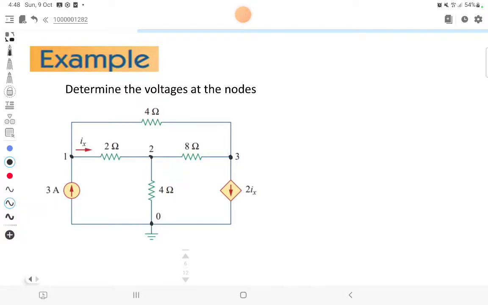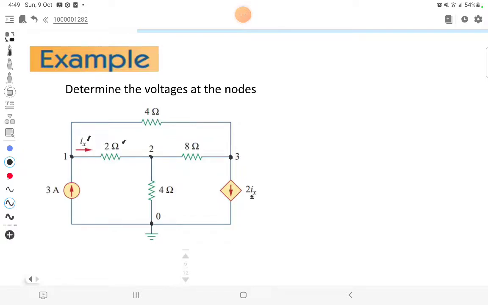The current Ix is controlled by the current entering our 2 ohm resistor, which is also identified as Ix. Now, after clearly discerning our analysis of this circuit, let's solve the problem.